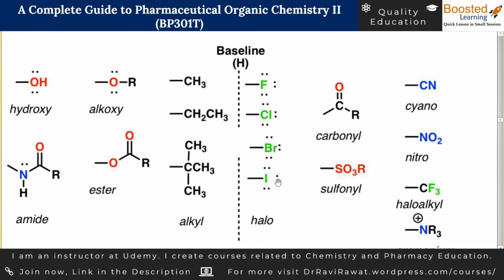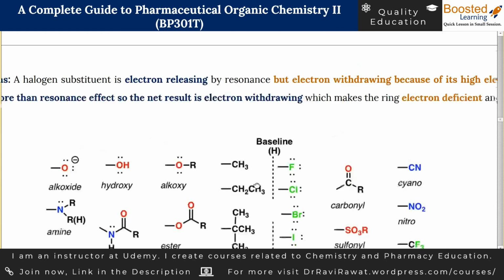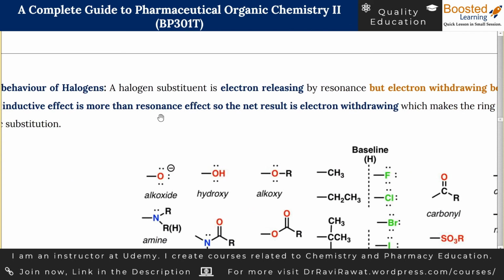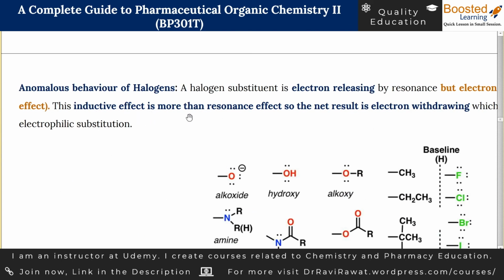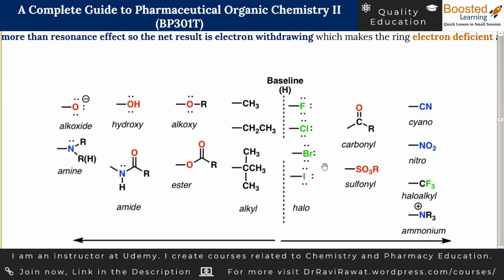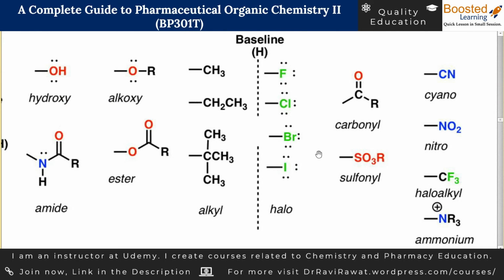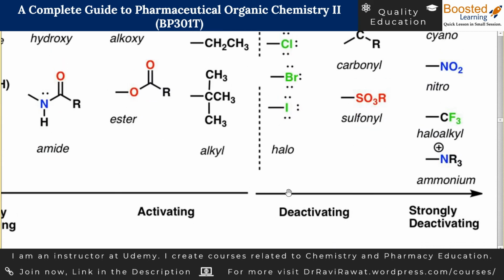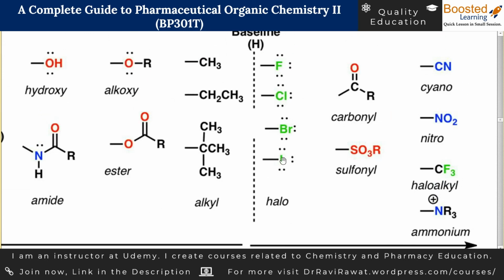So the net effect is deactivating, because in this case the resonance effect is weaker as compared to the inductive effect. So the net result is they are electron withdrawing, and if they are electron withdrawing, then they are expected to direct the product to the meta site, but that is not the case with these halogens. So these are the exceptions, that in fact by being a deactivating group, they direct the incoming electrophile to the ortho and the para site.